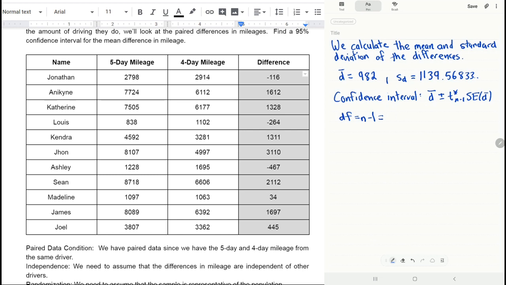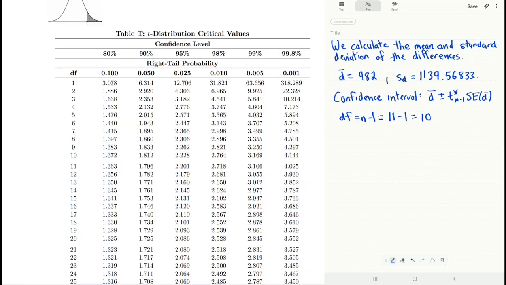Here we have 11 pairs, which gives us 10 degrees of freedom. Now we can use our t-table to find the critical value. We're looking for a 95% confidence interval with 10 degrees of freedom. This tells us that the critical value is 2.228.